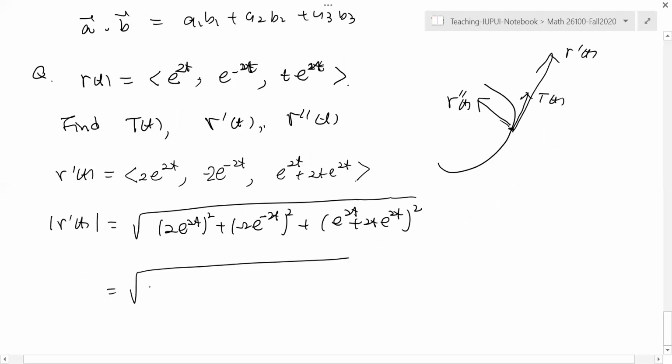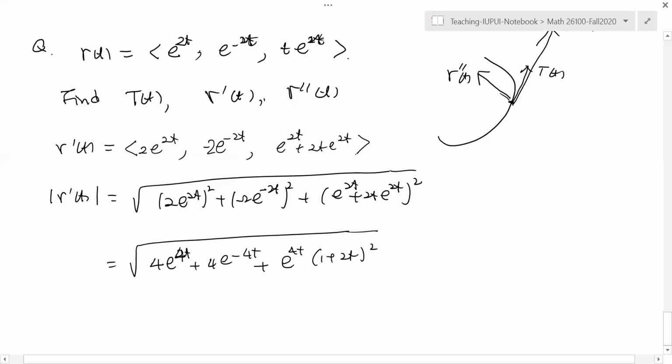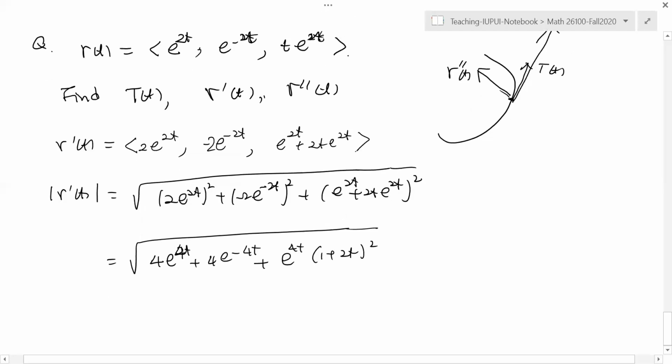All you have to do is some calculation: 4e to the 4t, 4e to the negative 4t, and 1 plus 2t squared. I don't think I'm going to simplify it further.